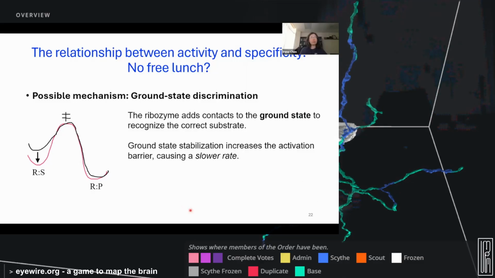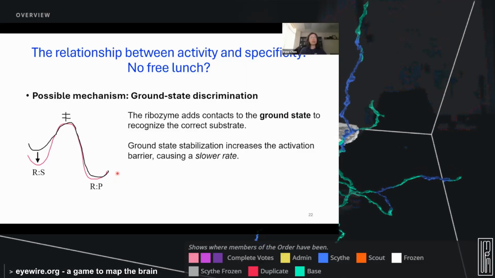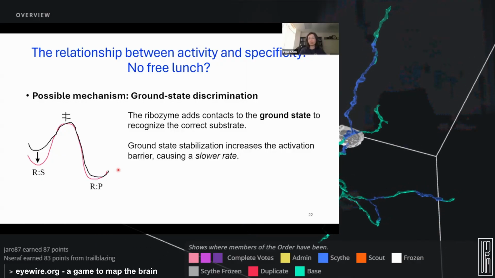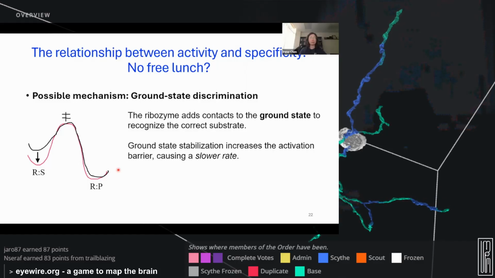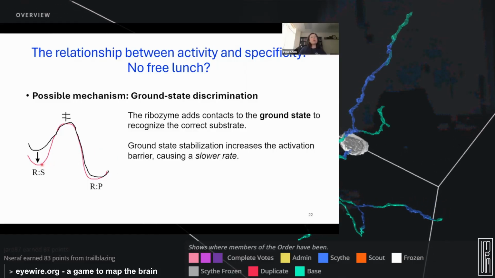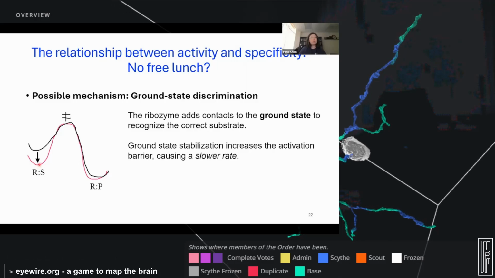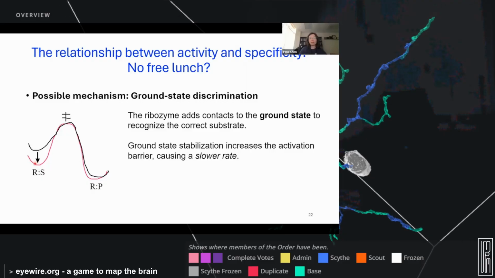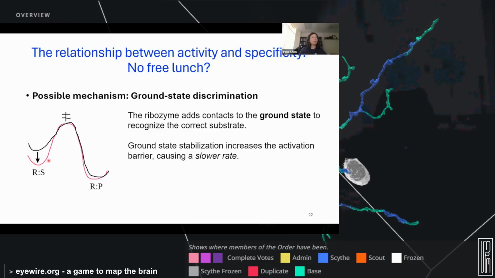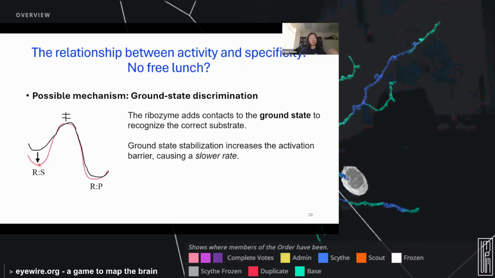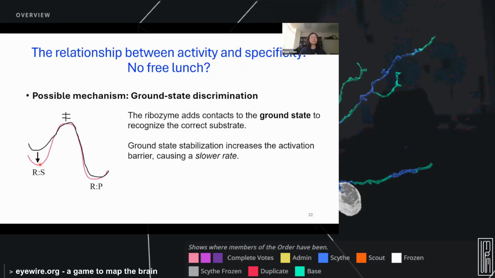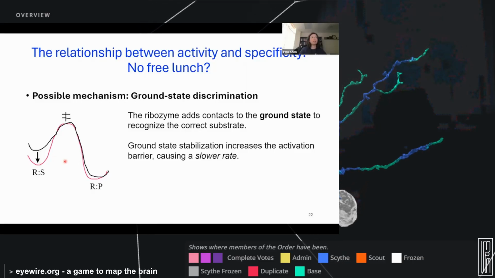And the reason for this intuition, translating it into our case for self-aminoacylating ribozymes, is that if you add contacts to the substrate to improve specificity for the correct substrate, so this mutant ribozyme has a more stabilized ribozyme-substrate structure, then that increases the activation barrier.